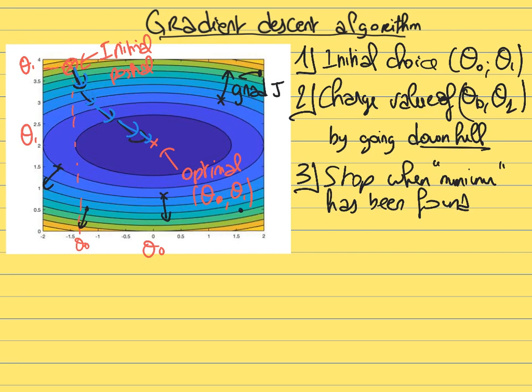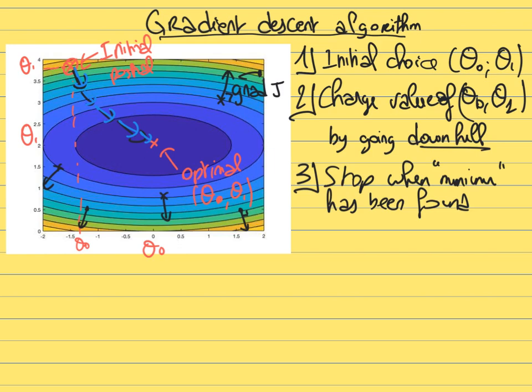As you can see, the gradient is always orthogonal to the contour of this function. Here, those black lines show you the positions for which the cost function is constant.